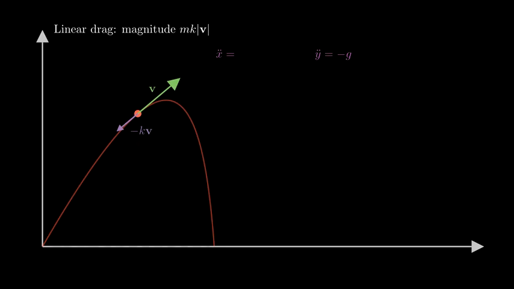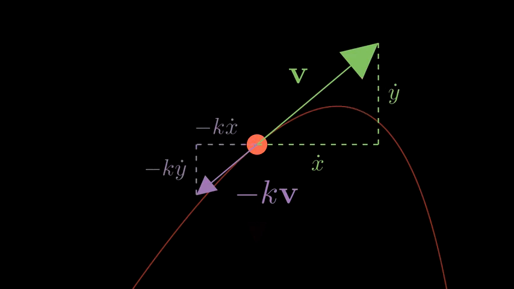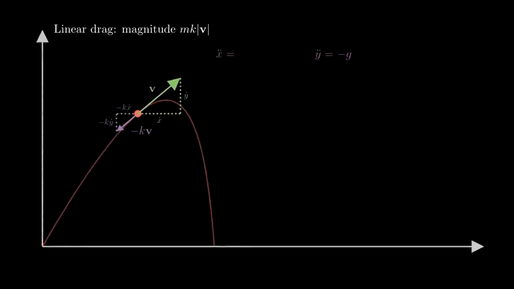So we have something like a similar triangle situation, really, where if we take the horizontal and vertical components of v, which would be x dot and y dot, we could just scale them both individually by negative k to get the horizontal and the vertical components of the drag. Okay, so we can bring those back up to our equations.